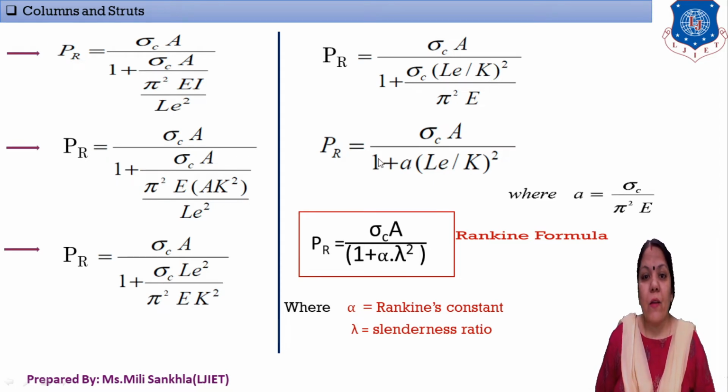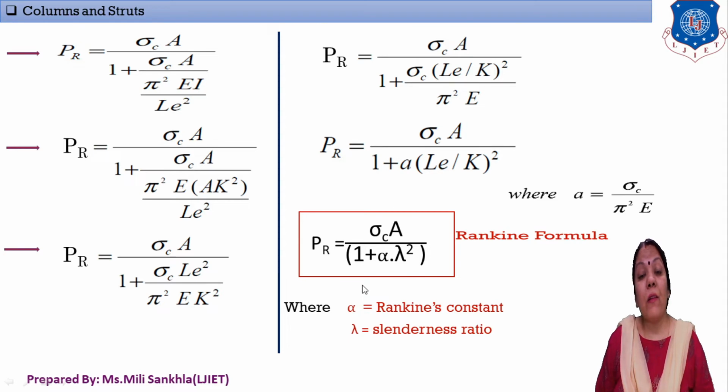PR is equal to sigma C, the crushing stress, into area, divided by 1 plus alpha, where alpha is the ratio of the crushing stress to pi square into Young's modulus. I write sigma C divided by pi square E is equal to alpha, and LE by K square is equal to lambda square.